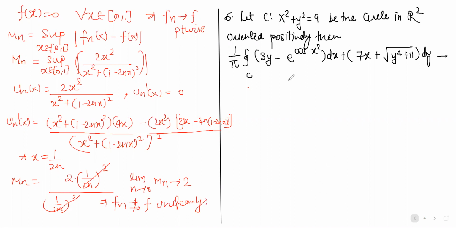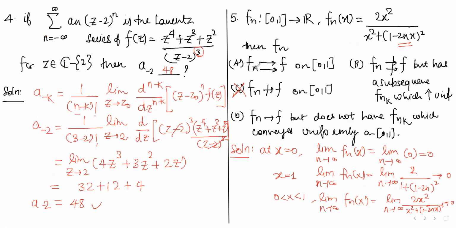Now, if you see option A, it says fn is uniformly convergent. It is wrong. And now here comes the problem. It says that fn converges to f pointwise, but does not have a uniformly convergent subsequence. So in case this n is playing a role, if you take any subsequence, this n is not going to get dissolved. Option B says that fn does not converge to f uniformly.